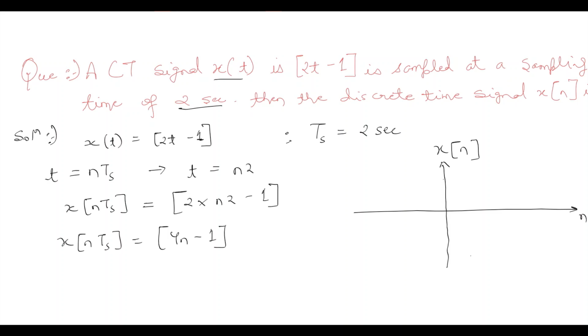Now x of n will be, let's put 0. If we put 0, we get minus 1 at the origin. If we put minus 1 here, we get minus 4 minus 1, which is minus 5, at the position minus 1.